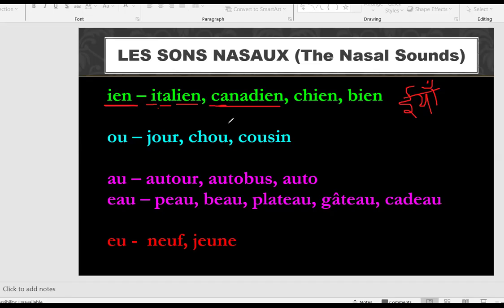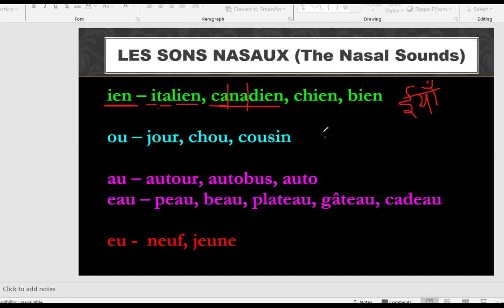Canadian. इतनी जल्दी नहीं है ना. If you have a long word, just break it. If you try reading the word like this, Canadian, Italian, then to kabhi it will be very difficult for you to pronounce the word correctly. You are all beginners, so start slow. Okay, when there is a long word, just break it and follow the rules.